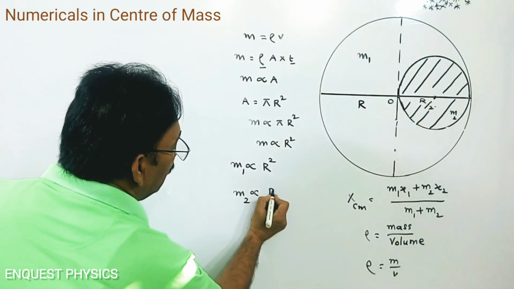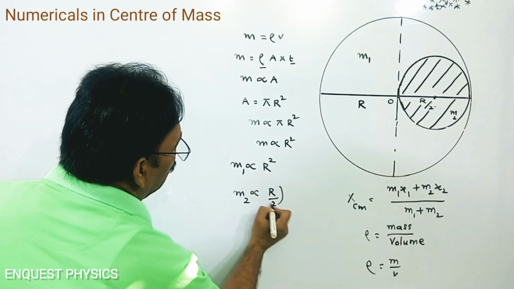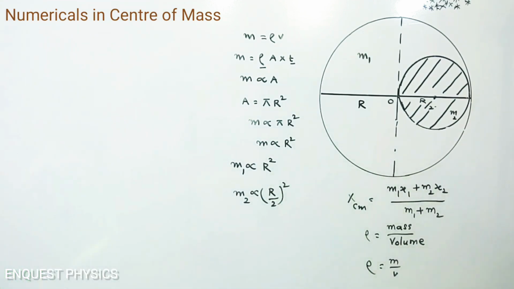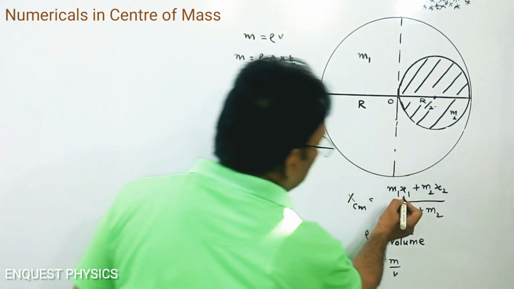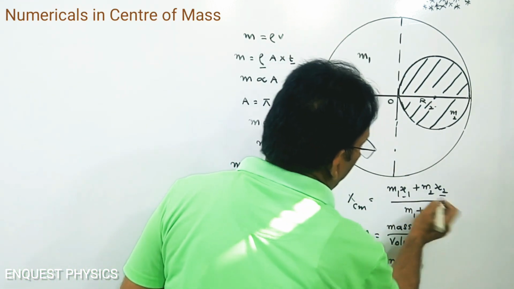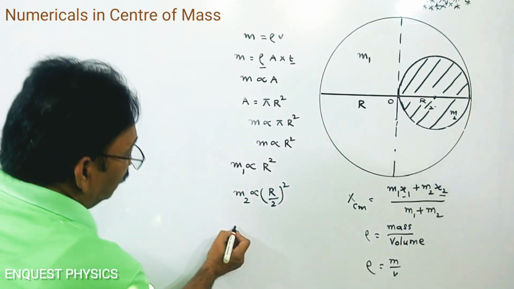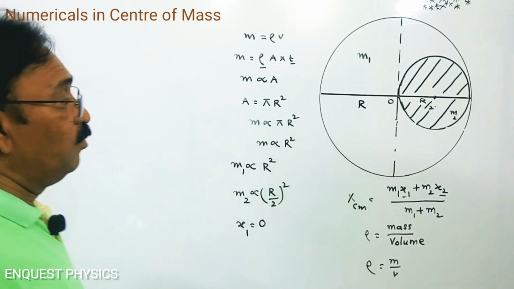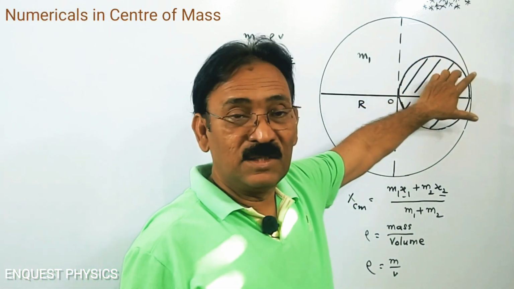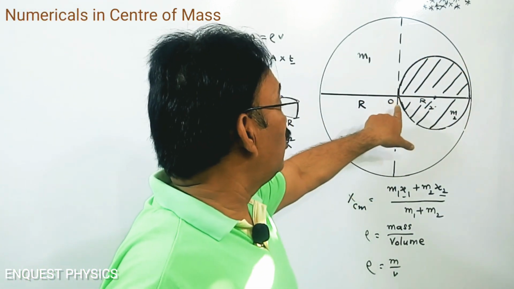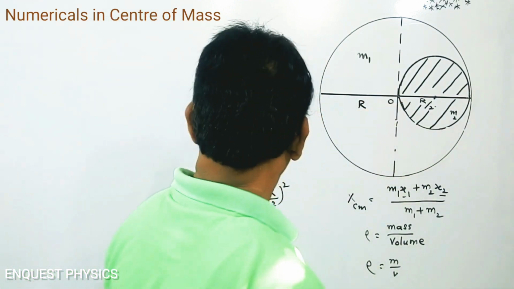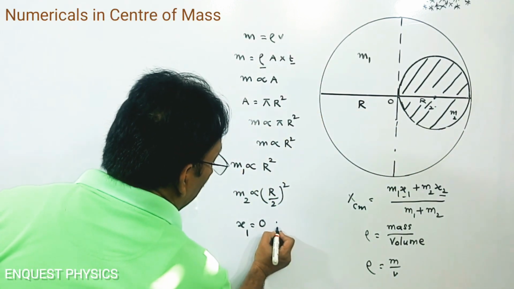Okay, students? We have the masses. After that we have to take the positions, the locations of the particles, x1 and x2. x1 is equal to 0. Just imagine the mass is not removed and its center of mass position x1 is O. And similarly we have to take x2.